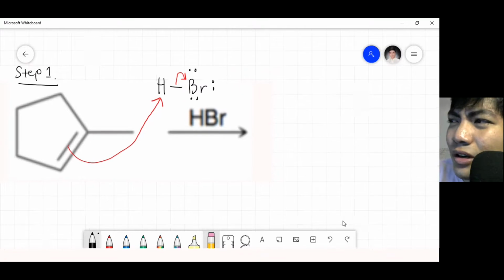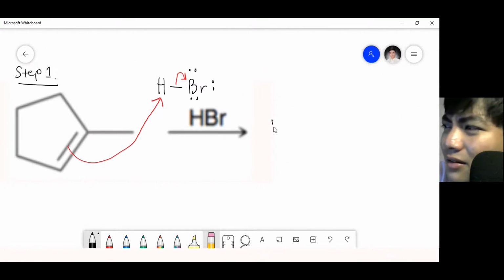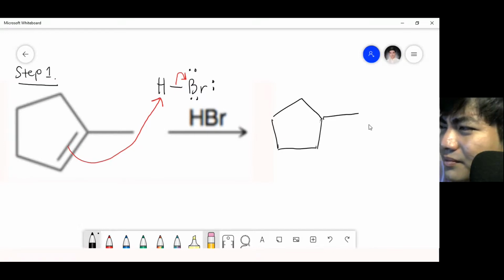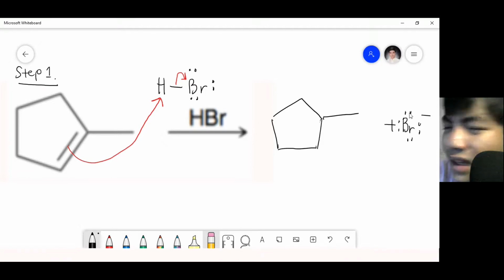So, in step 1, the product will be okay, so an ion na yung bromine kasi ito, dalawang electron yan, or lone pair. So, it has 8 electrons around it. So, negative 1 na yung charge niya.